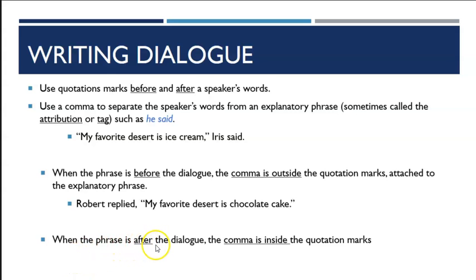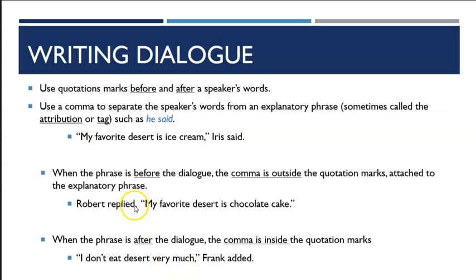When the phrase is after the dialogue, the comma is inside that closing set of quotation marks. "I don't eat dessert very much," Frank added, with the period at the end then of your tag. Okay, so here the period at the end of the dialogue goes inside the quotation marks. Here the period is at the end of the tag, and the comma goes inside the quotation marks.